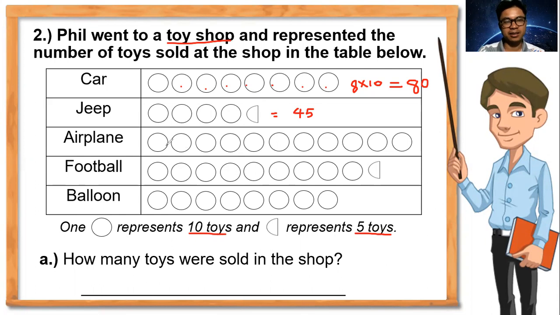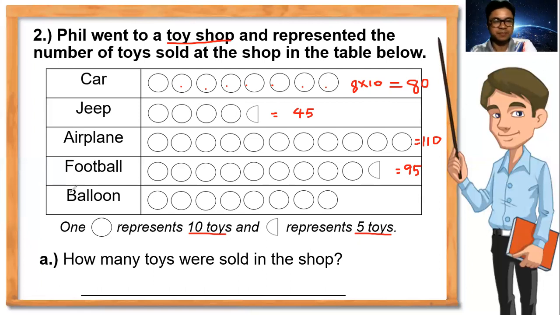How about airplane? 1, 2, 3, 4, 5, 6, 7, 8, 9, 10, 11. So 110 airplane toys. Football: 1, 2, 3, 4, 5, 6, 7, 8, 9, plus half. 9 times 10 is 90, plus 5, 95.